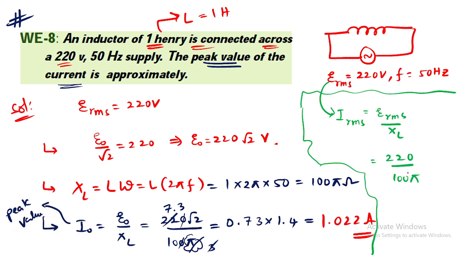So what is the answer? I'm taking 3. So what will it be, buddy? 7.3 something it will come. So it will be 0.73 amperes. The reason is I'm dividing by 10 here again. Clear?